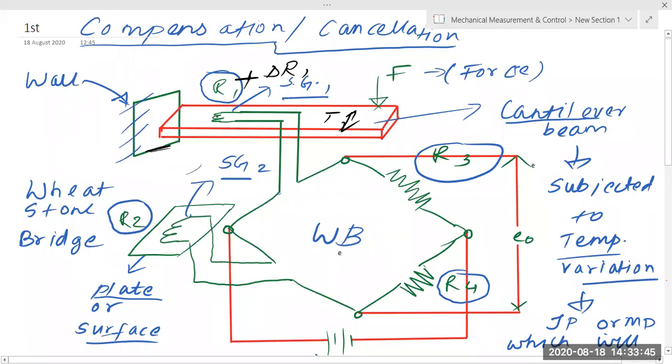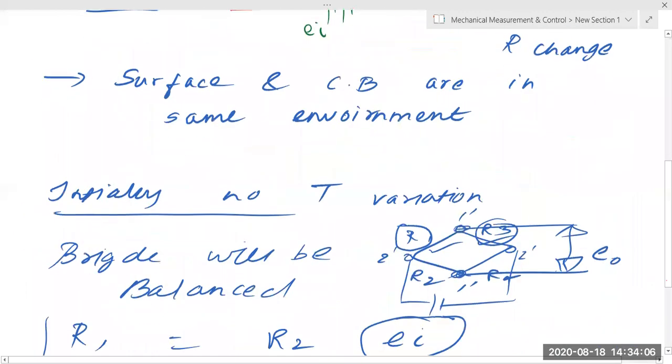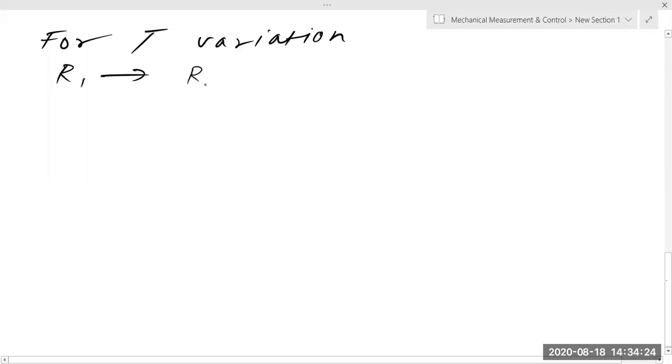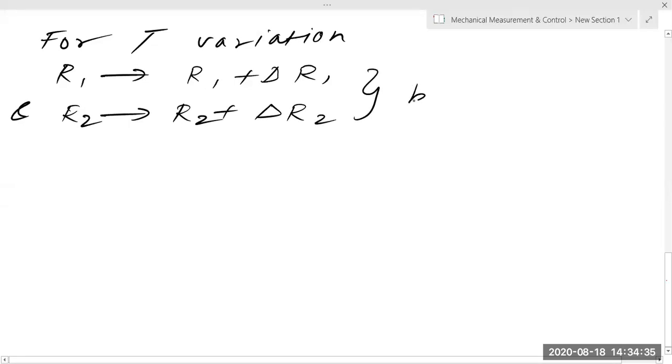So if there is temperature variation, initially R1 is changing to R1 plus delta R1, and R2 is changing to R2 plus delta R2, and both are in the same environment.